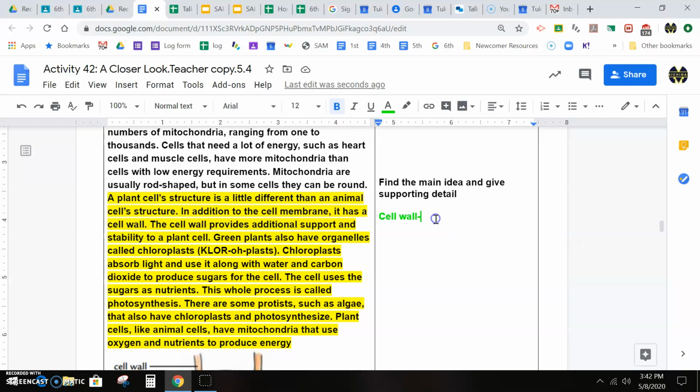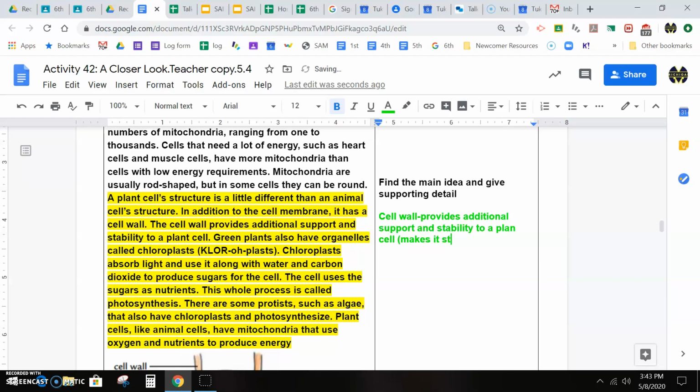That means it's going to make the plant cell stronger and it's going to help it to stand up and just be a little tougher. Cell wall. It provides additional support and stability to a plant cell.